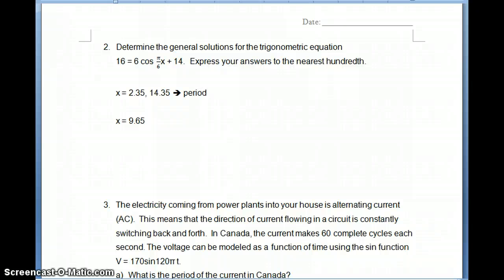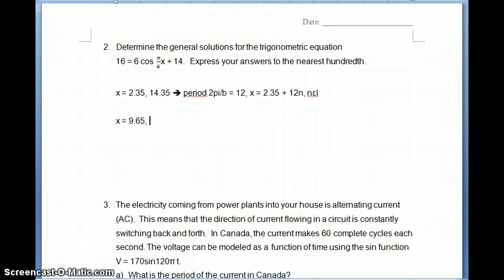If you put that into the equation for the period, 2 pi divided by b, you would find that it is equal to 12. So x is equal to 2.35 plus your period, which is 12, times n, where n is an element of the integers. That's the general solution for the first one.